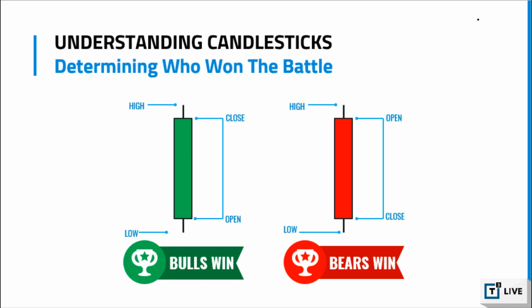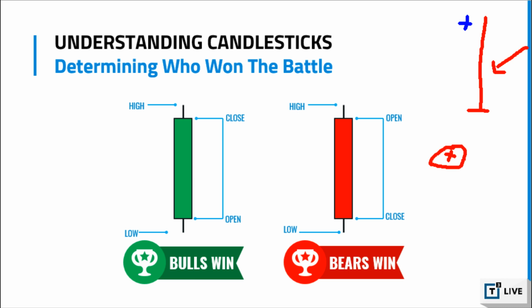For example, let's say Microsoft were to open here and then sell off all day to close at the lows here. Even though it might have closed above yesterday's close, which let's just say was here, that bar, according to the Japanese view, is not bullish at all.